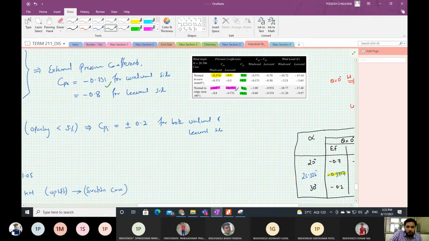And on the leeward side, if you see the maximum is minus 0.8 and minus 0.731. So that is this one. So this is actually your windward side and this is leeward side.